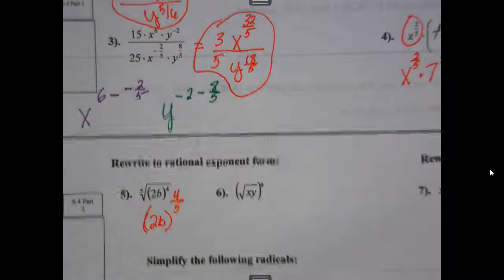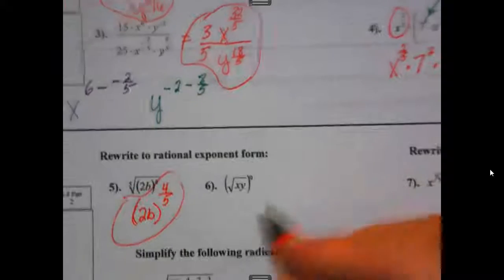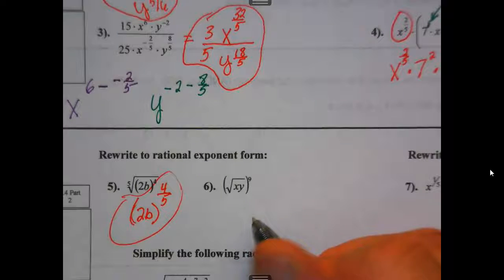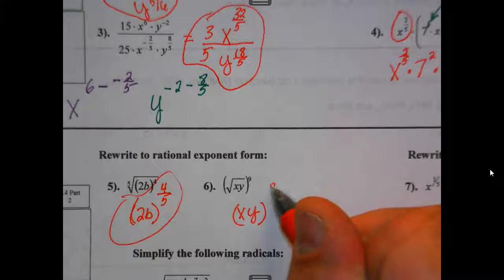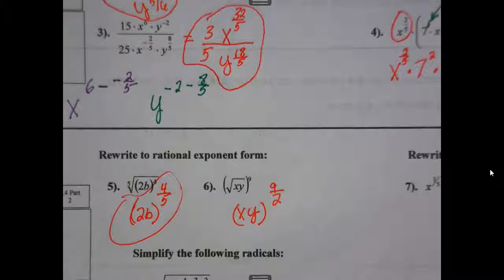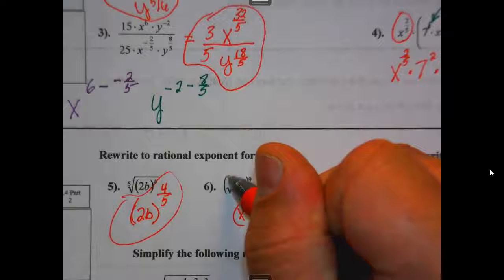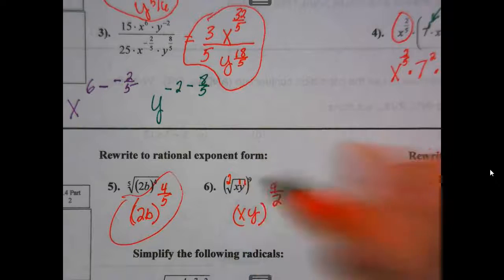I'm done. Number 6. I have xy. You better put it in parentheses. My exponent is 9, and my root is 2. It is not 1. It is 2. On the radicals, if there's nothing there, it's a 2. On the bases, if there's no exponent, it's a 1.